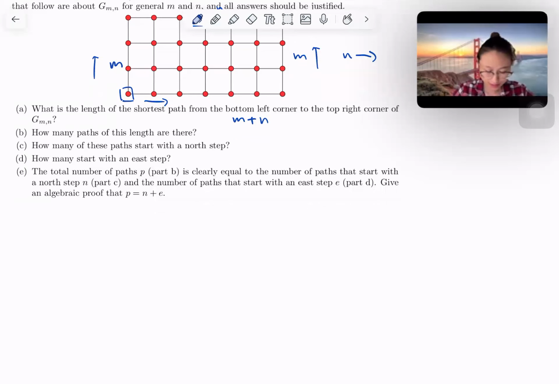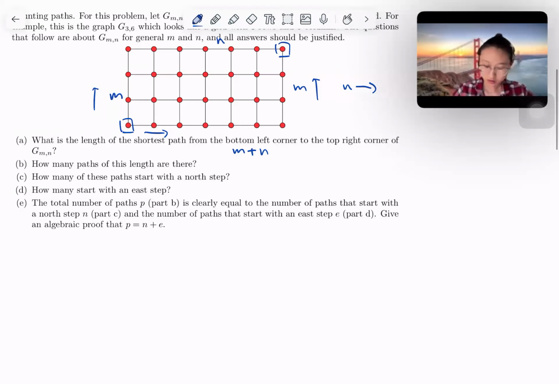How many paths of this length are there? We can go up first or go right first, which means we can make some arrangement of those steps. All the up steps are the same, and all the right steps are the same.